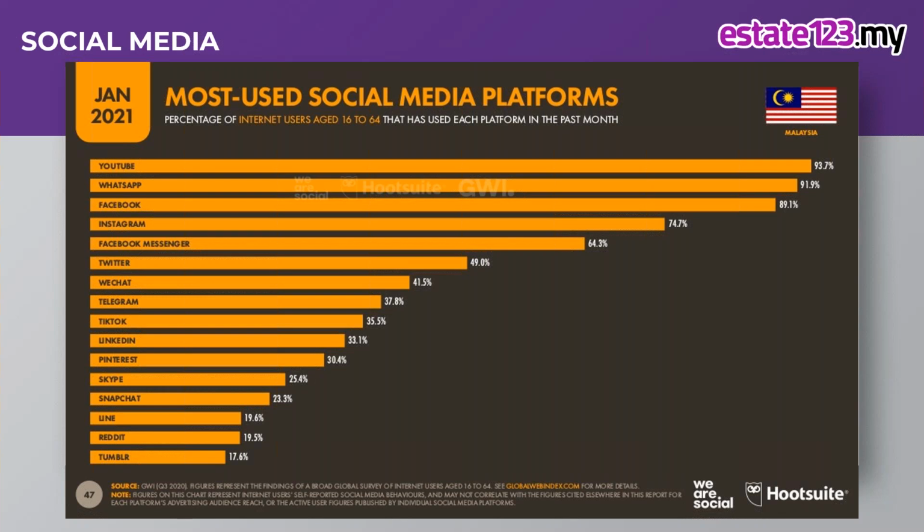You can have a link to a particular website in your profile, but you cannot put a link into each photo, right? So Instagram is something you can use, but it's more for creating your branding and awareness about you. Then we have Twitter, WeChat, Telegram. The list goes on, but these are the top few social media that you should look into.